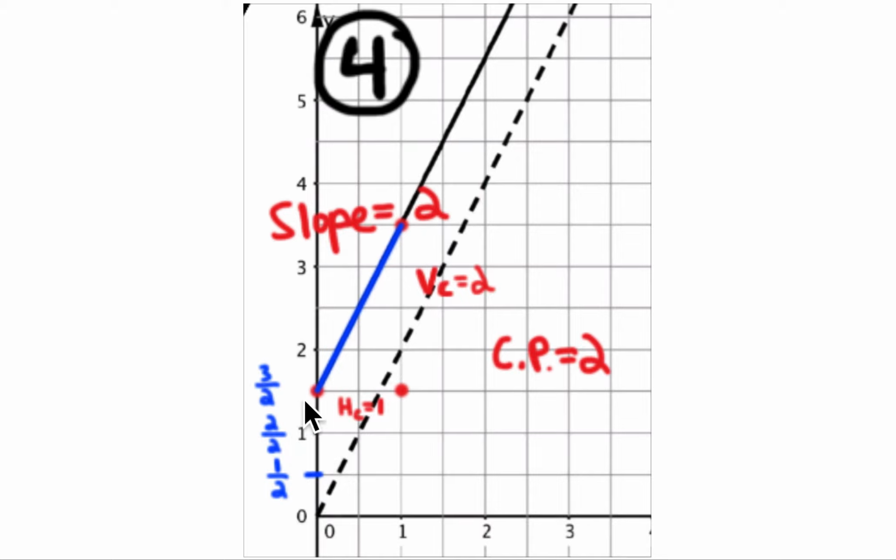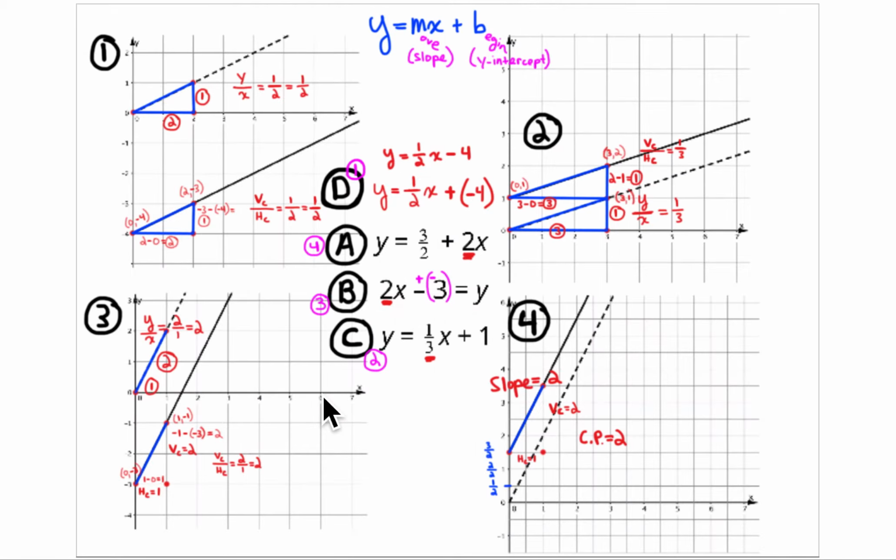And this is 3 halves. So the slope is 2. So for a horizontal change of 1, vertical change of 2, that's 2 over 1. That's a slope of 2. And the vertical intercept in this case is going to be 3/2. It crosses the y-axis at 3/2. When x is 0, y is 3/2. So which graph matches that? It has to be the one that's left, which is the y-intercept is 3/2 and the slope is 2.